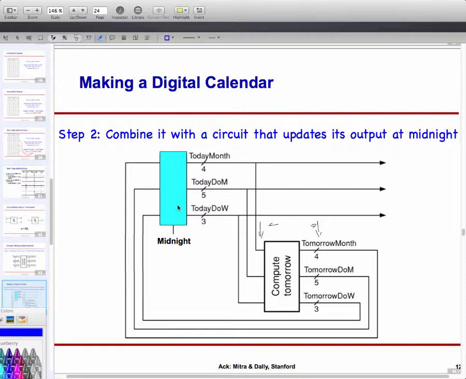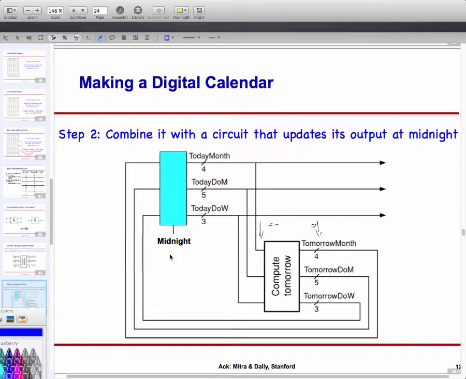So this circuit has two types of things now. There is the combinational logic, which is memoryless, and there is this memory element, which is called sequential logic. So it reacts at certain times and responds to these events, which are often also called clocks.